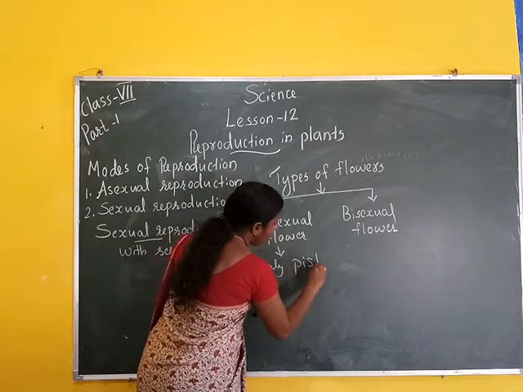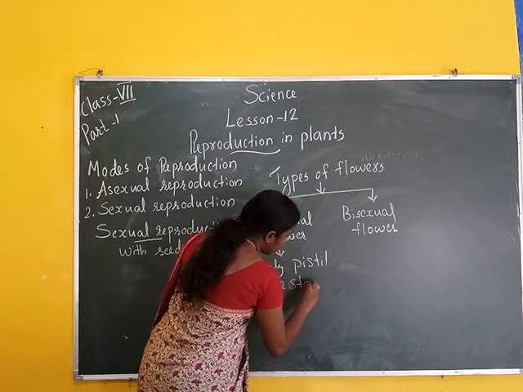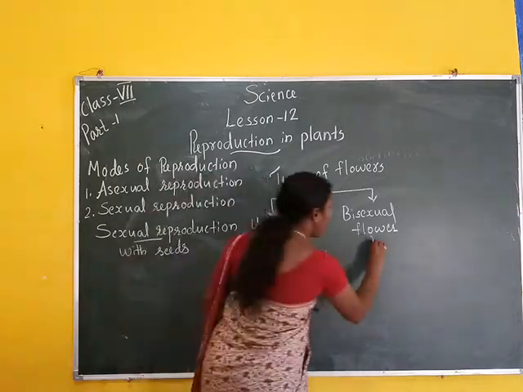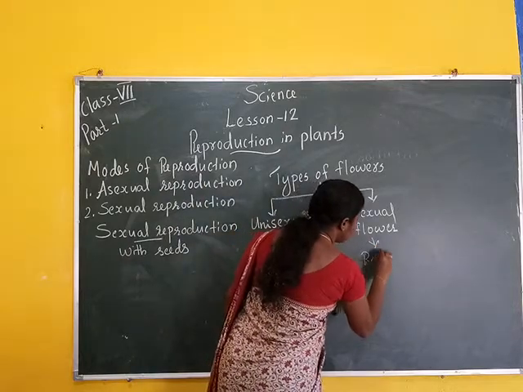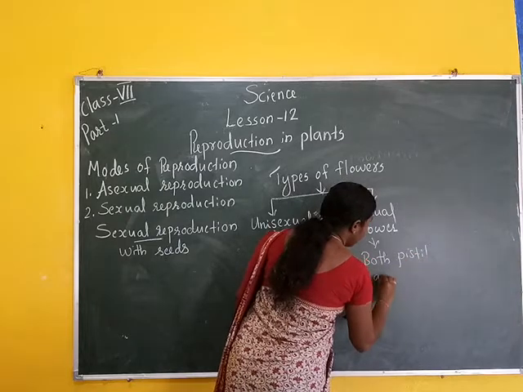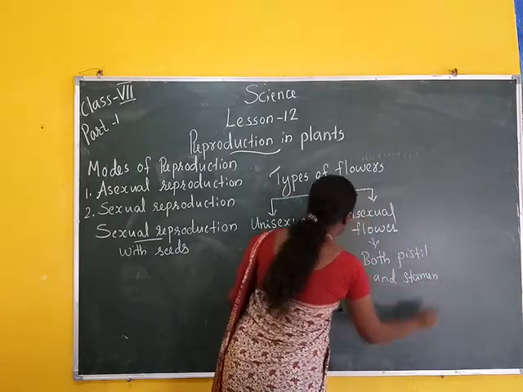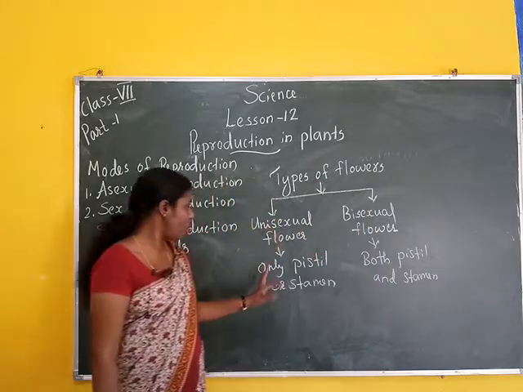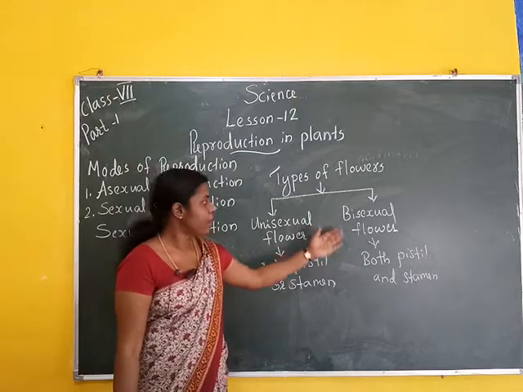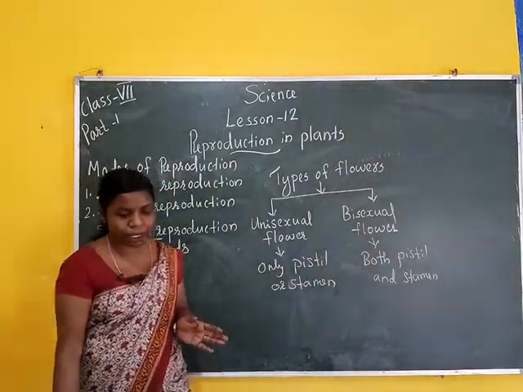Bisexual flower means both pistil and stamen. Understand this? That means unisexual means only one, male or female.